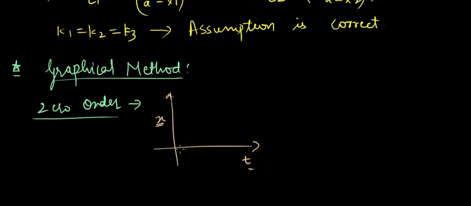If the graph is something like this, then it would be a zero order reaction. Obviously the completion time T completion would be there on the x-axis of time.